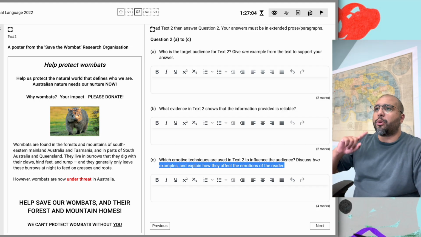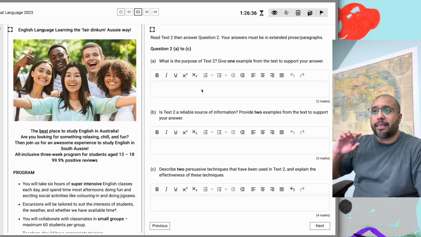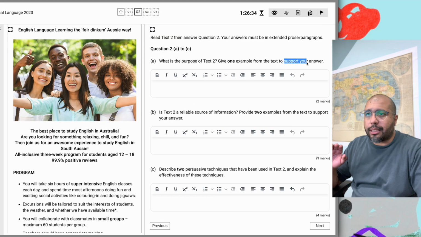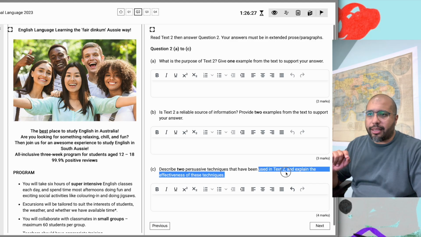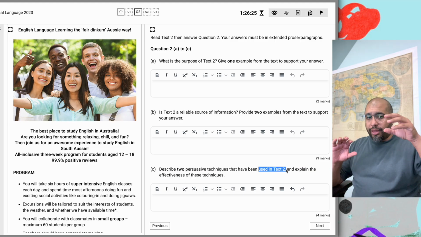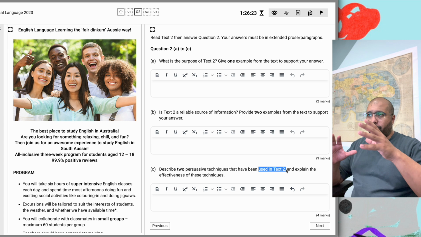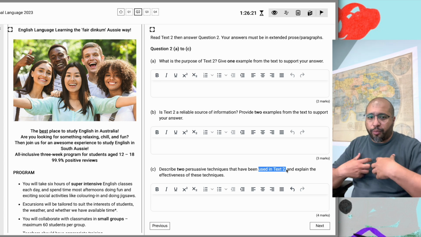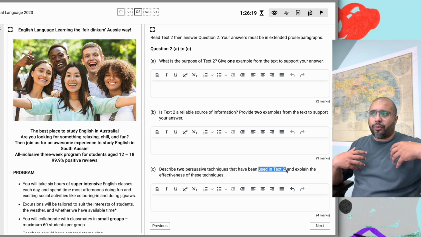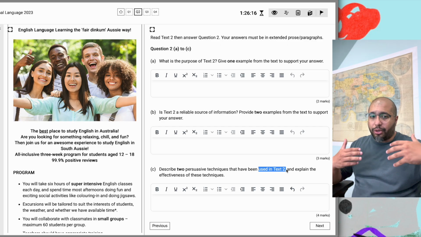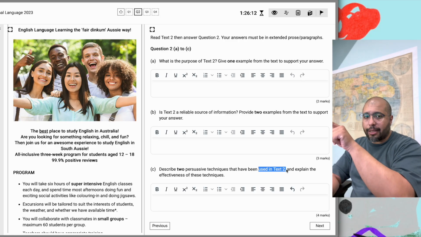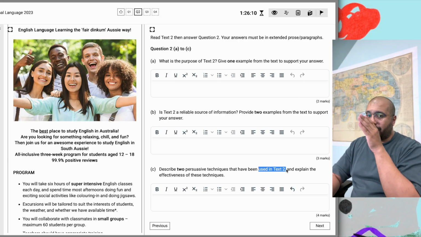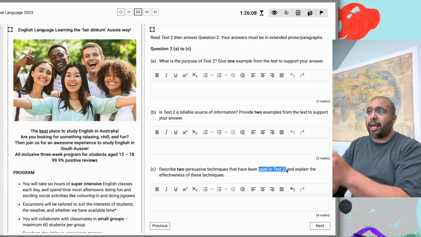When we go to the 2023 exam, same thing. Support your answer. Support your answer. And here again, used in the text. So you don't write your own opinions. You don't write ideas based on your knowledge. It's all about what is in the text, and your answers have to be focused on that.